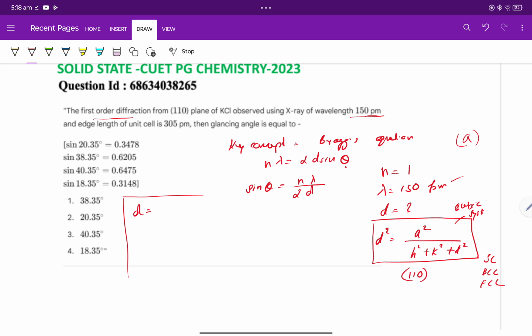So d will be equal to a divided by root of h square plus k square plus l square. This will be 305 divided by root of 1 square plus 1 square plus 0 square, which is 305 divided by root 2, in picometer.